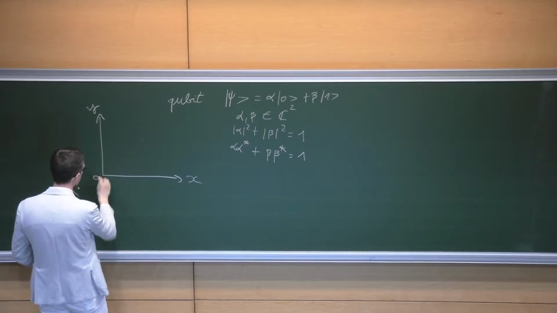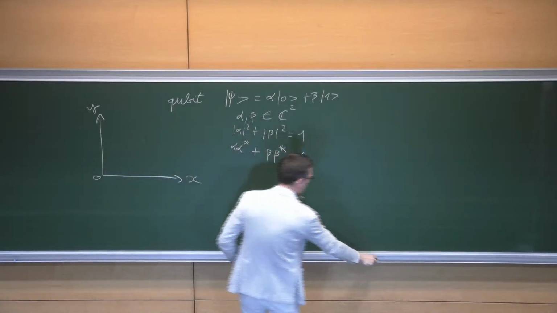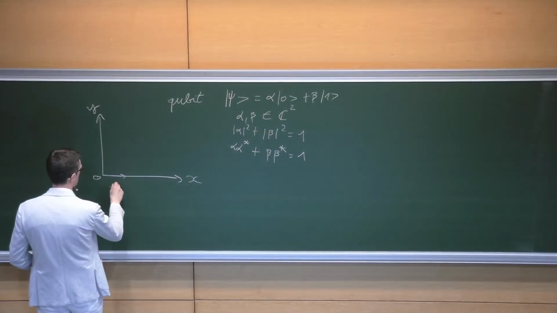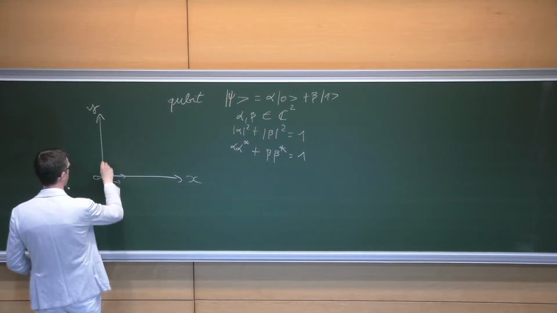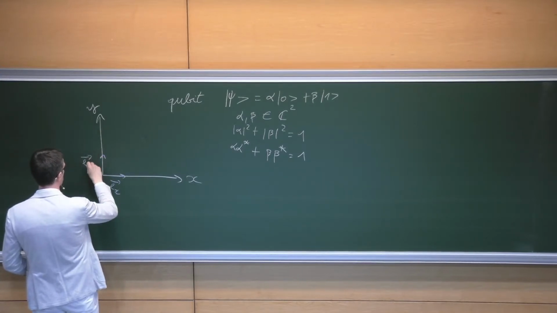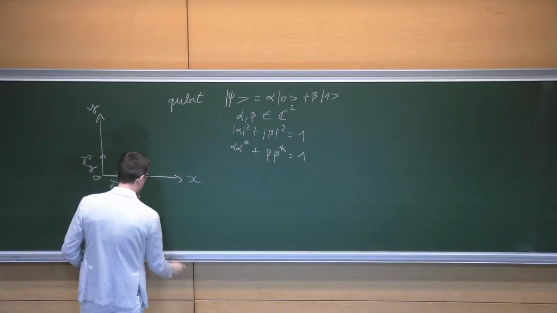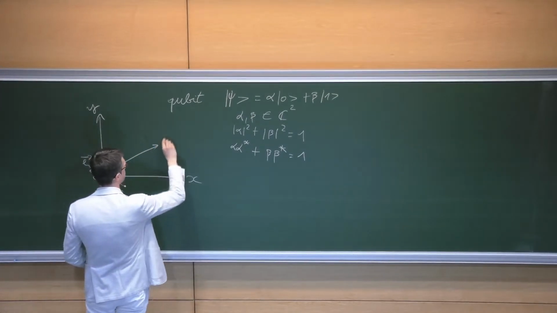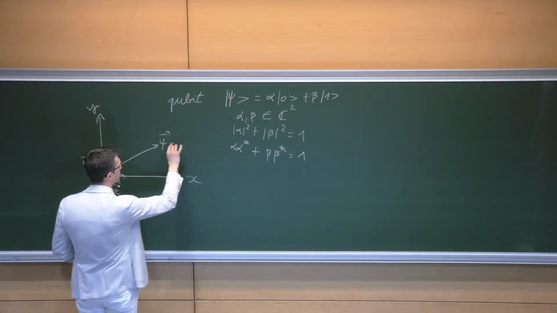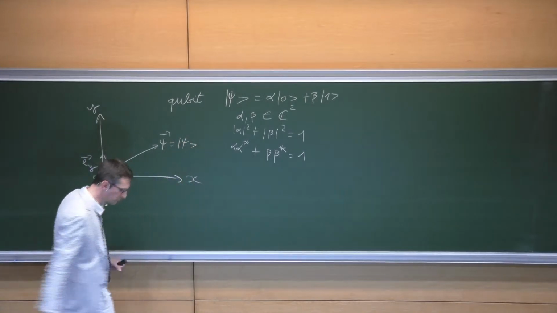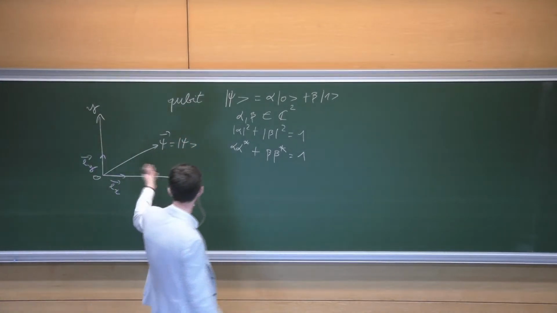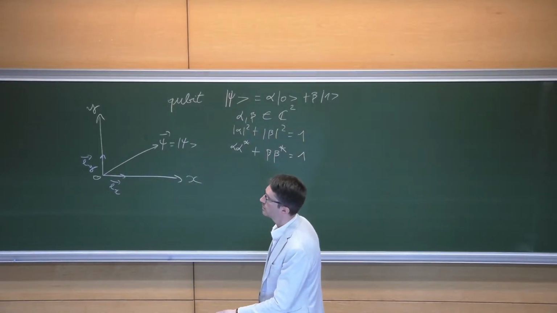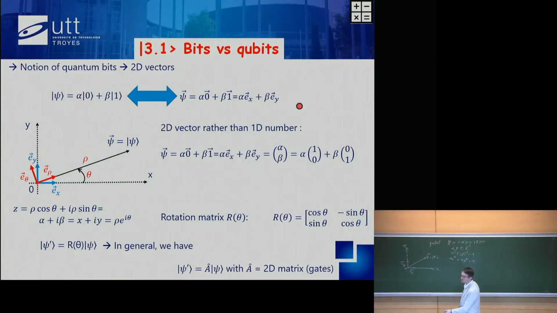We have the two unit vectors, Ex and Ey. And the most general representation of a vector, this psi, can be anything written as alpha Ex plus beta Ey.